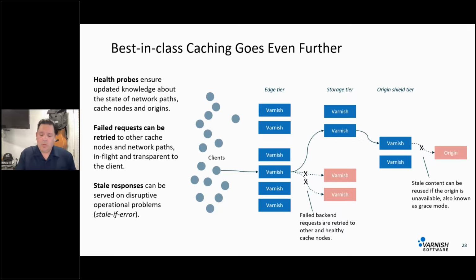When you combine the different tactics I just went over with the ability to customize and run logic at the edge, you get a very powerful solution which can significantly optimize costs, significantly reduce API calls, significantly reduce ingress and egress fees, and can also be used to improve performance.